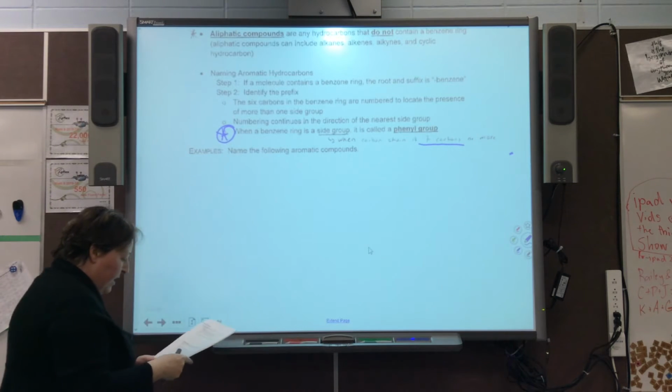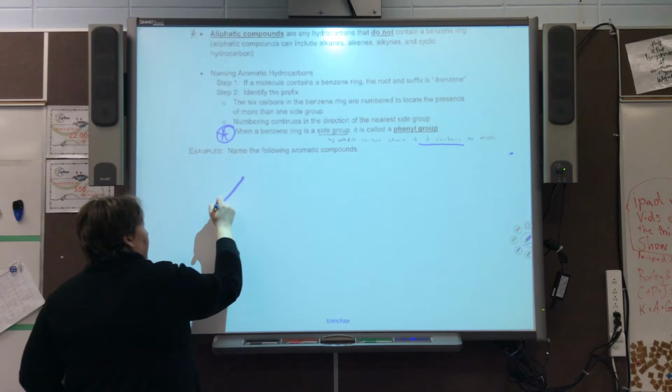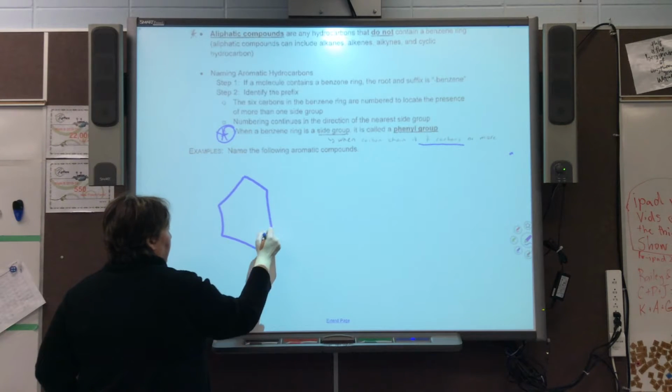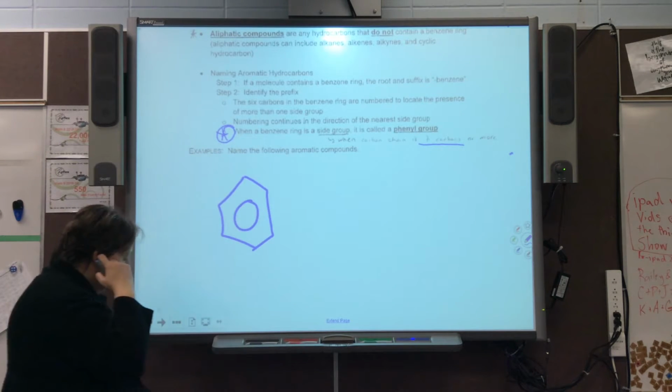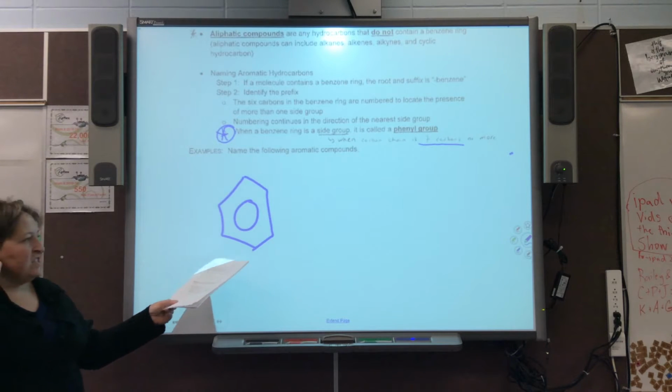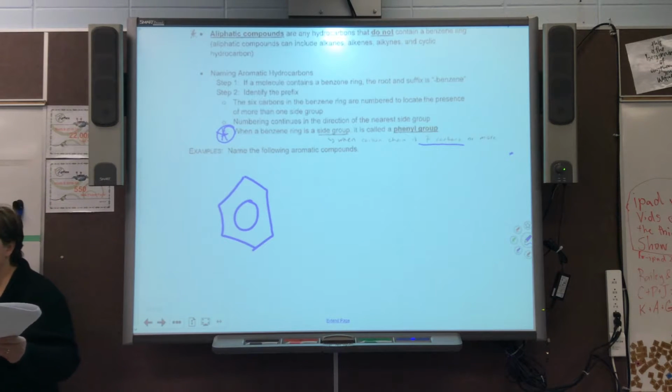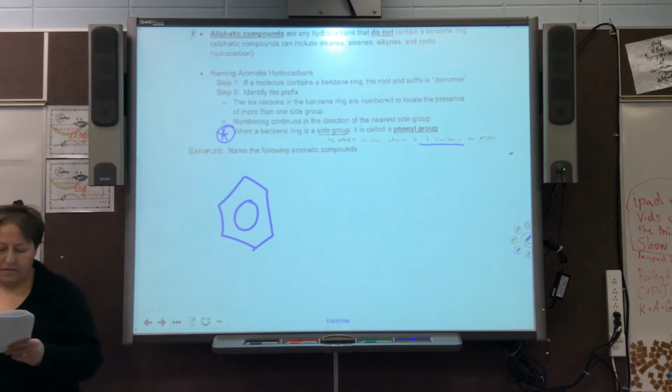So here's one example. So this indicates what? Just this shape alone indicates benzene ring. Okay?